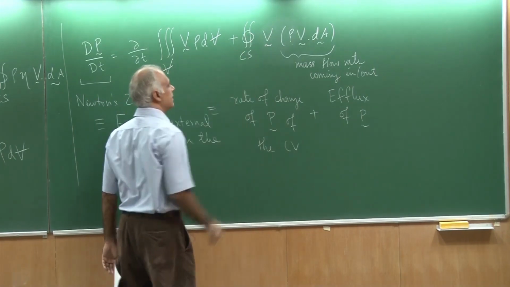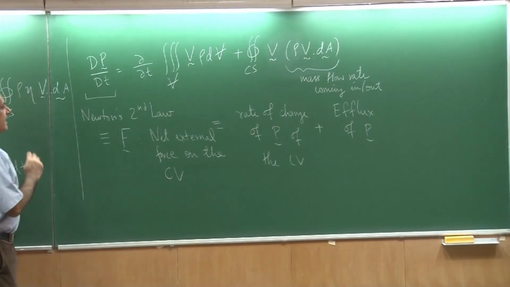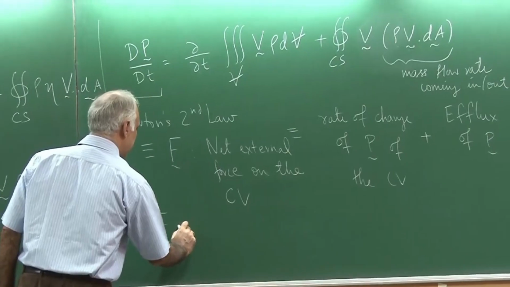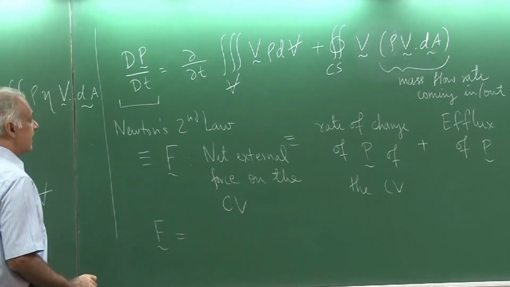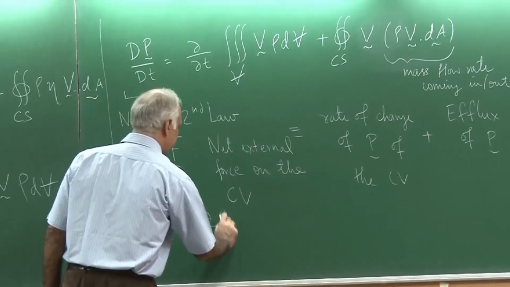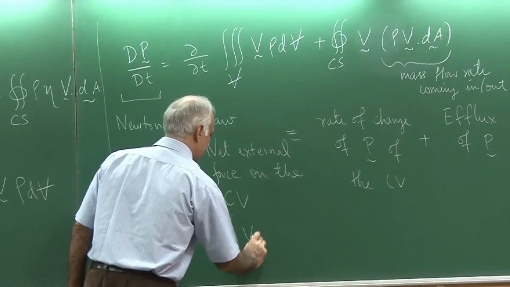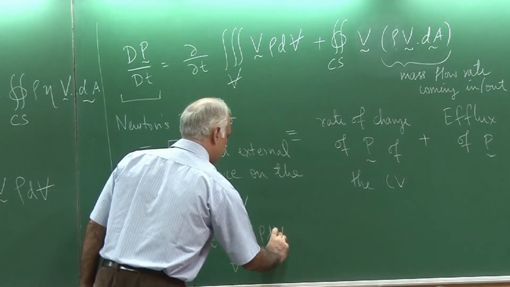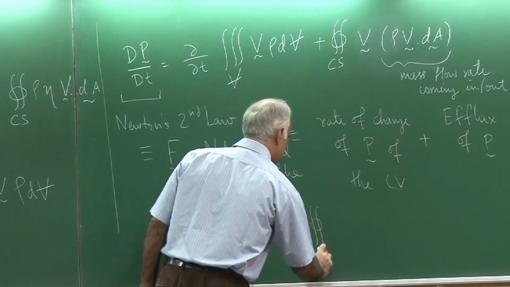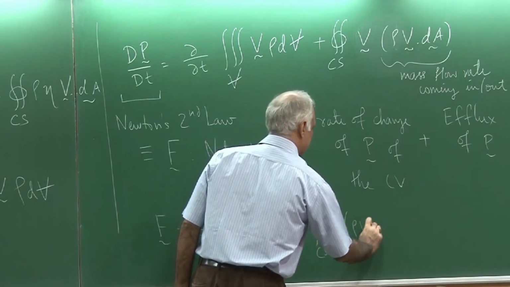So I multiply with this V, and that gives me the momentum. So that really is your Reynolds transport theorem applied to the momentum. So I will just rewrite it. This is del by del t of, for the volume, V rho dV plus over the control surface V rho V dot dA.